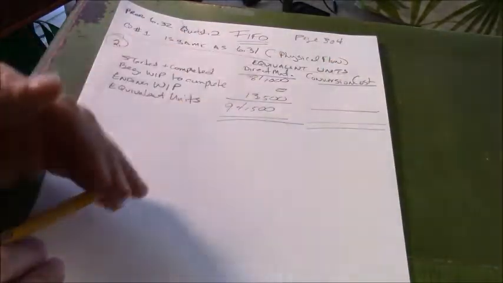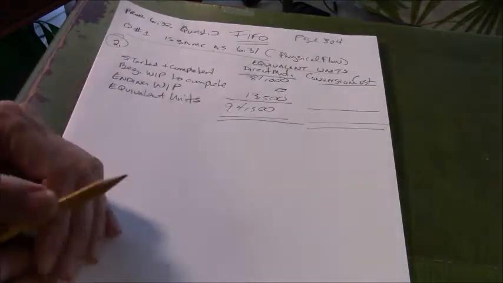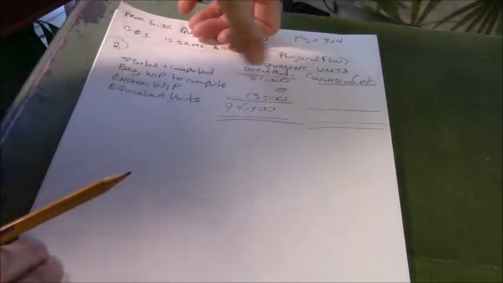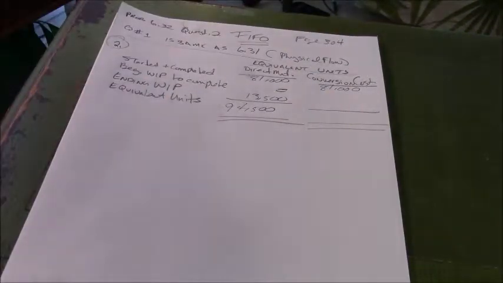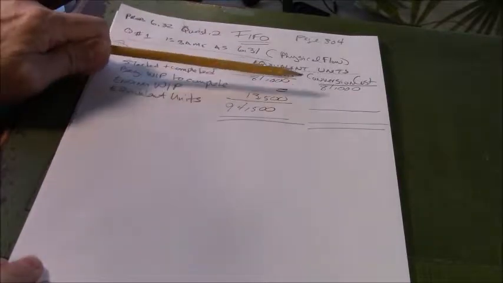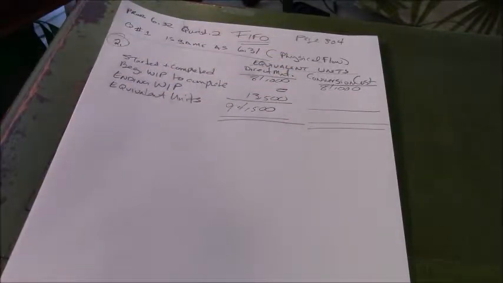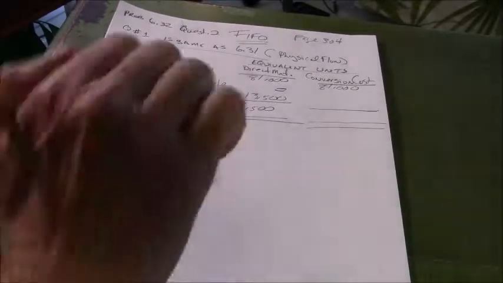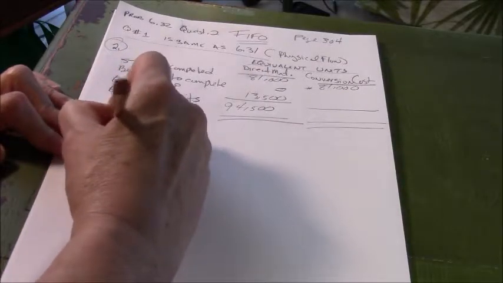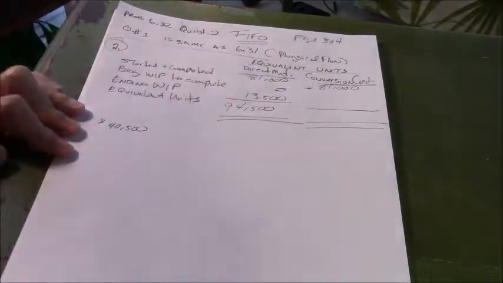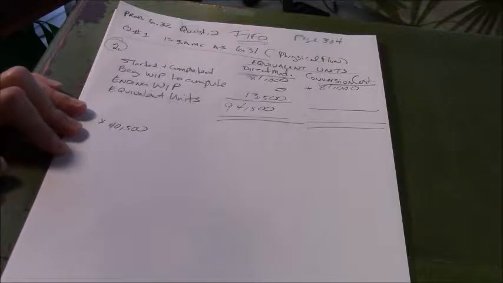Conversion costs. All right, so if we started and completed it, that means it was fully converted, so 81,000 goes there. Now, we know that we did have some beginning work in process to complete, right? We know we had 40,500 units in the beginning work in process.